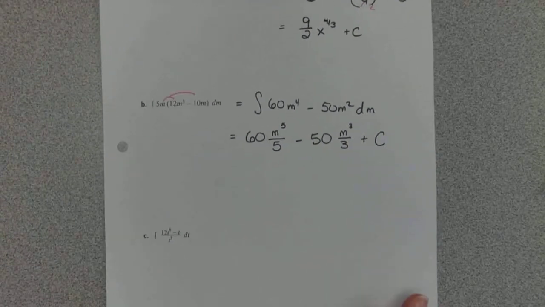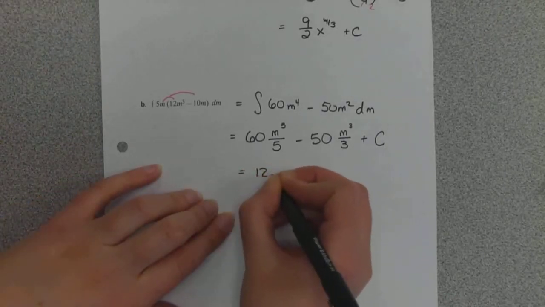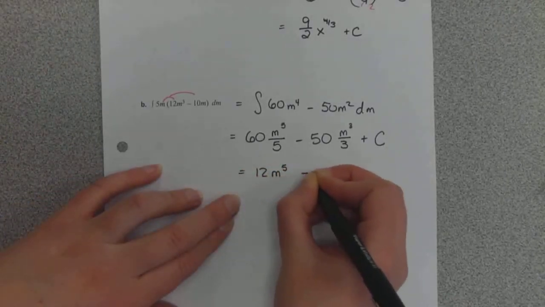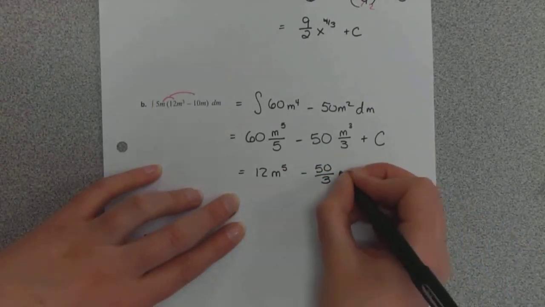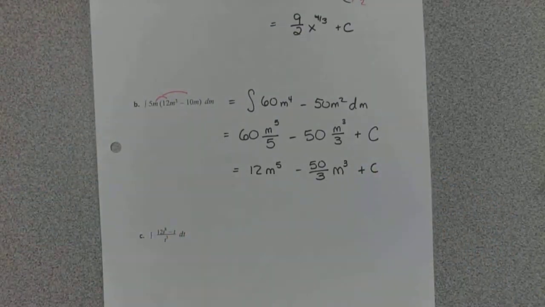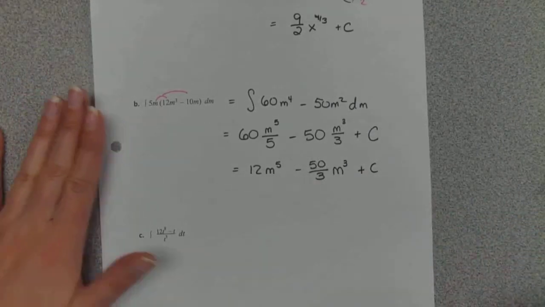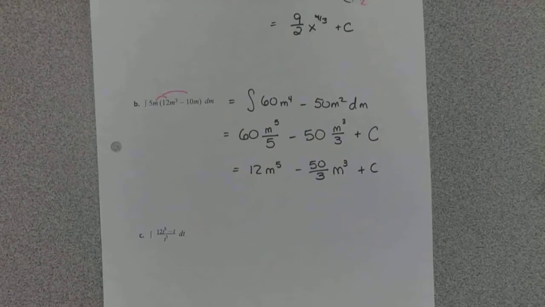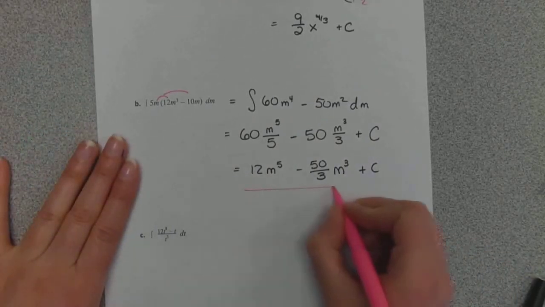And then we have to simplify at least the 60 and the 5, because those reduce down to 12 m to the 5th minus, it looks a little weird if you don't put your numbers together, so make it 50/3 m to the 3rd plus c, just because the numbers should go together, right? Now, sometimes I might just do that, so instead of writing 50 m to the 3rd over 3, I would make it 50/3 to start with, right? Because I'm dividing by 3. It doesn't really matter where I divide by 3, but we'll get more practice writing those things down as we continue.